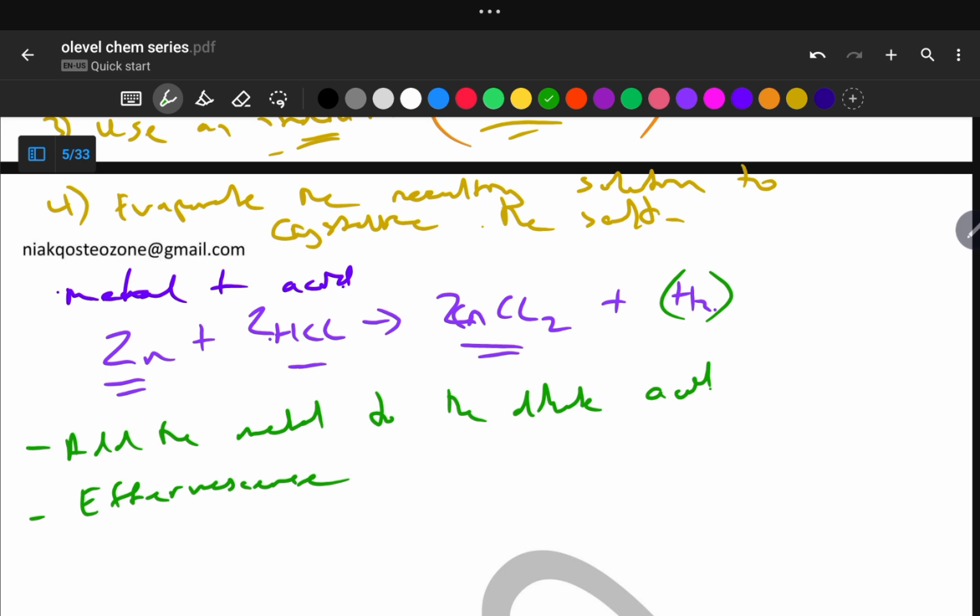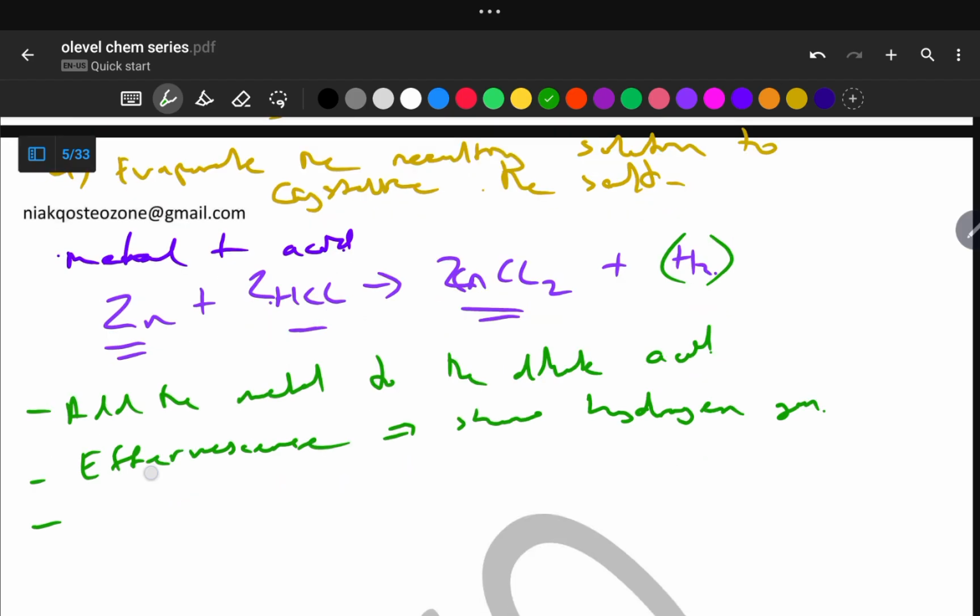So effervescence shows hydrogen gas which is being produced. So the progression of a reaction is notable by this effervescent sound and the bubbles. So when we are no longer having this effervescent sound, it simply means the reaction has stopped.